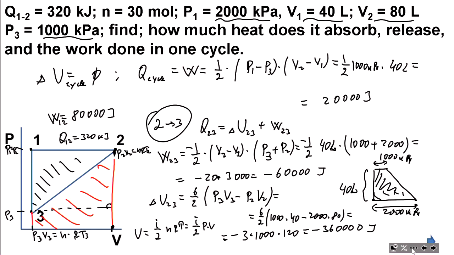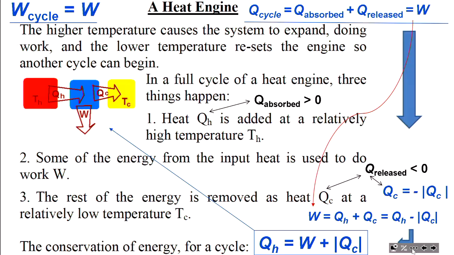So, again, the work done in one cycle equals 20,000 joules, but the amount of heat it absorbs equals 320,000 joules. So it takes a lot of heat but does a little work.